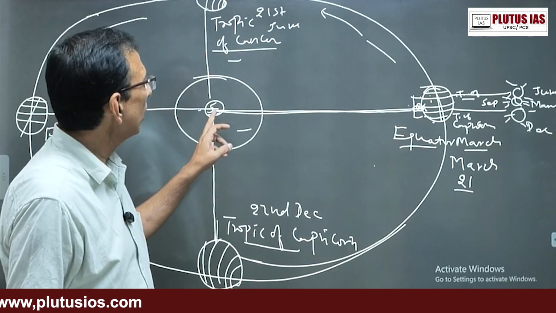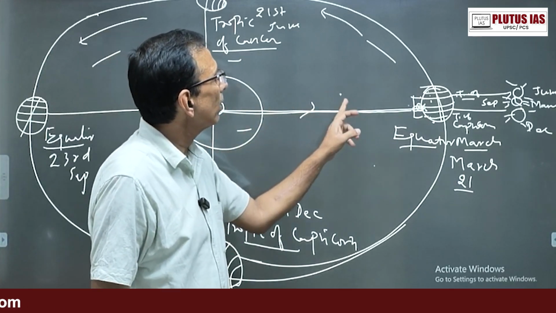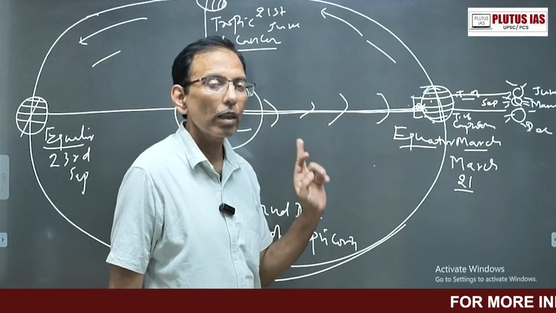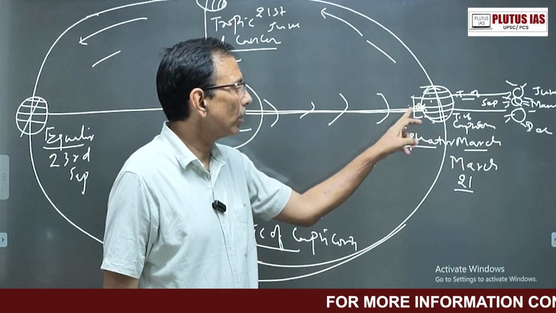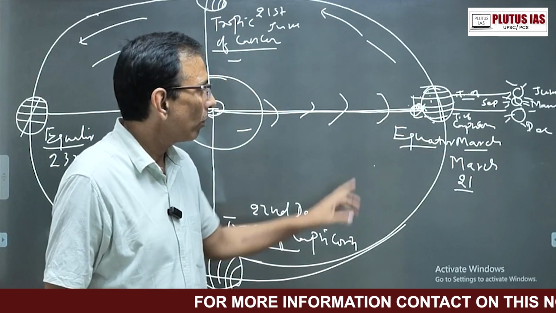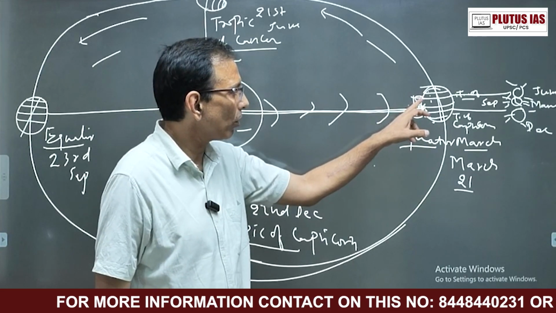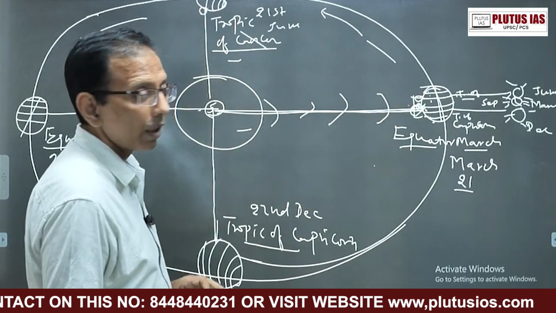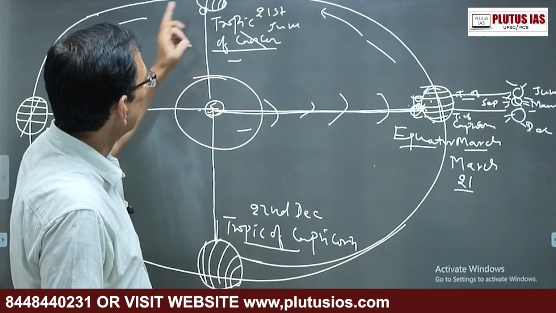That is to say the Sun is coming with its rays directly over the equator, and the equator region would be more heated. When it appears directly over the Tropic of Cancer, then the Tropic of Cancer region would be directly heated and a low pressure region would be created.